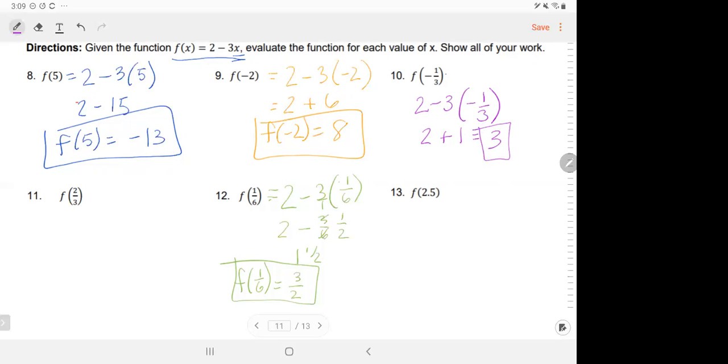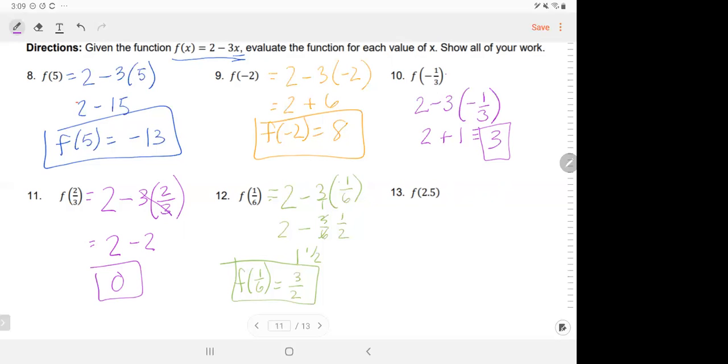F of 2/3. This is f of 2/3 is 2 minus 3 times 2/3 instead of x. So 3 divided by 3 will cancel. So now I just have a negative 2 right here and a 2 right here. So this will actually just be 2 minus 2 is 0.